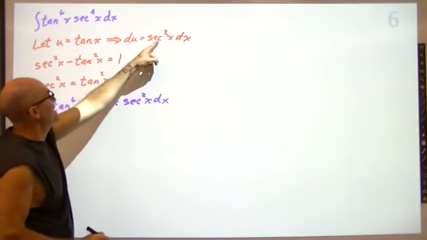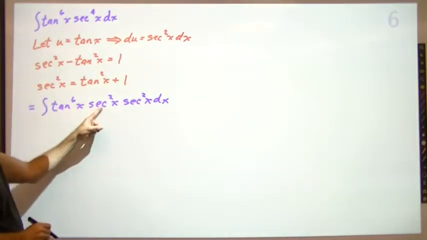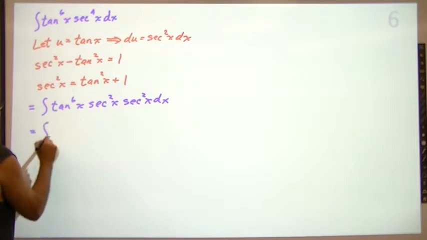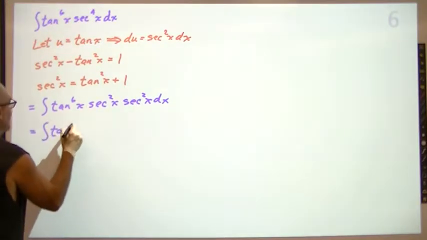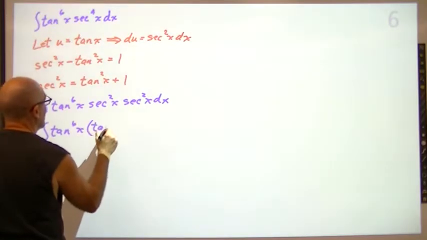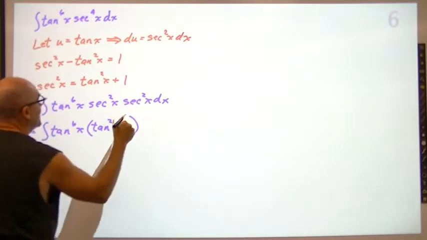Now notice my du is right there, secant squared x dx. But I need to get this other secant squared into tangent. So I have the integral of tangent to the 6th times tangent squared plus 1 times.